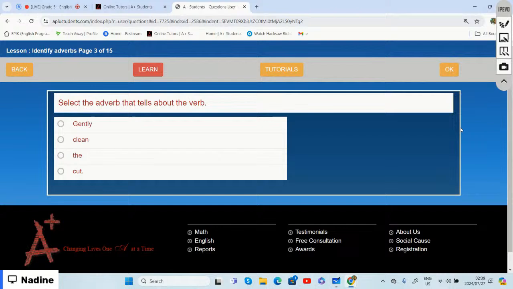If we were to select our adverb within the sentence, we can ask, how are we going to clean it?